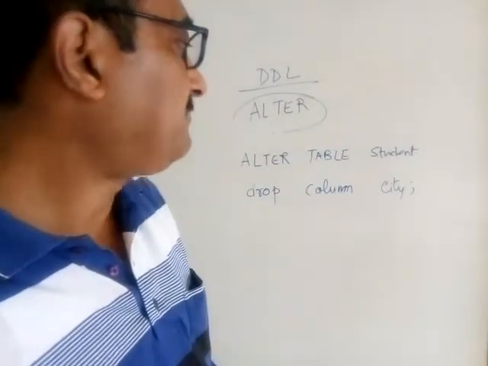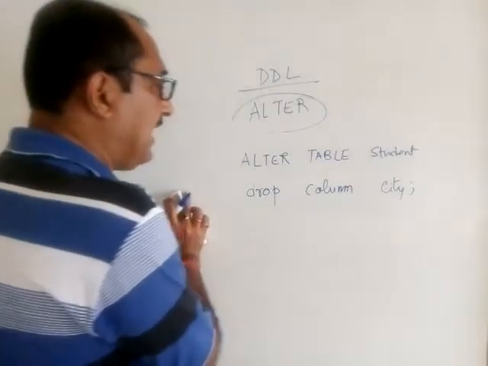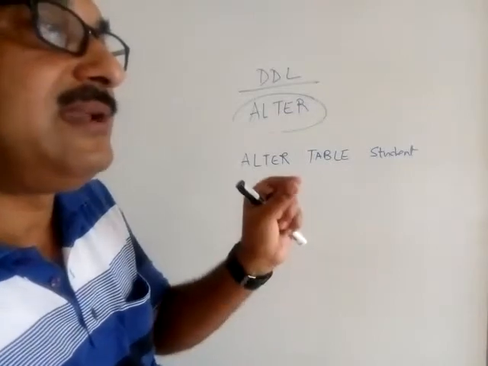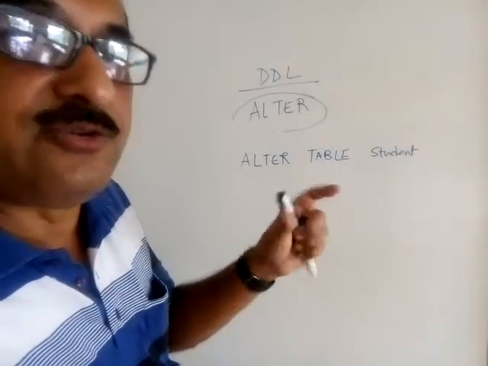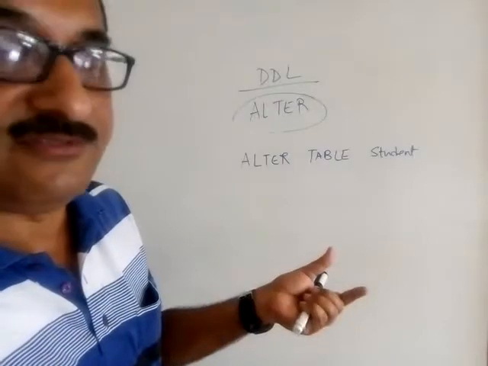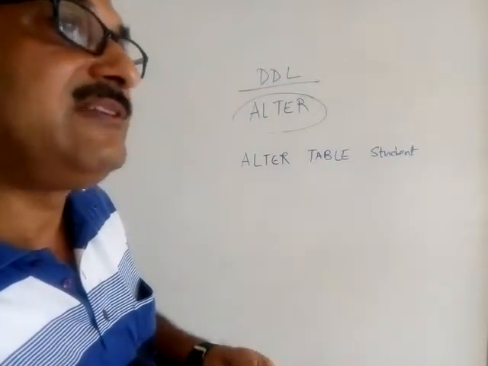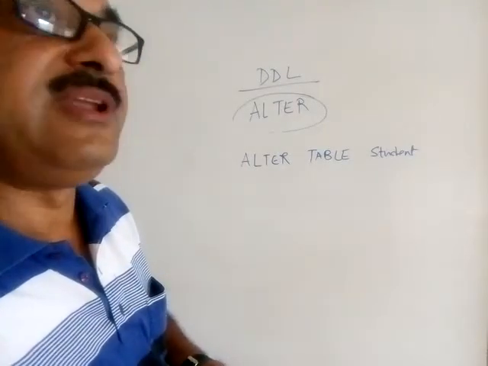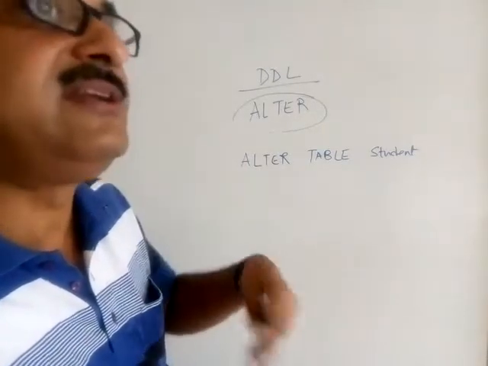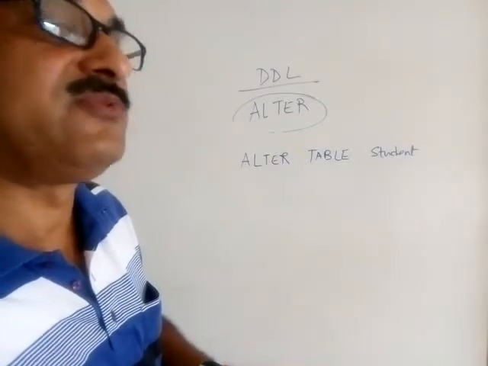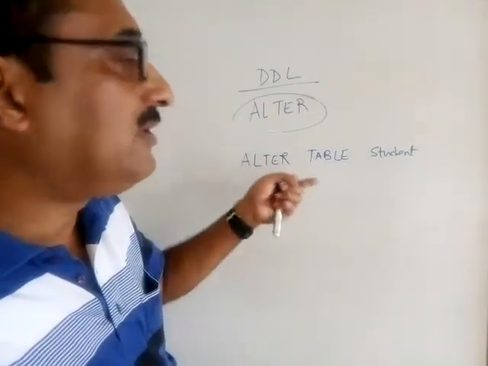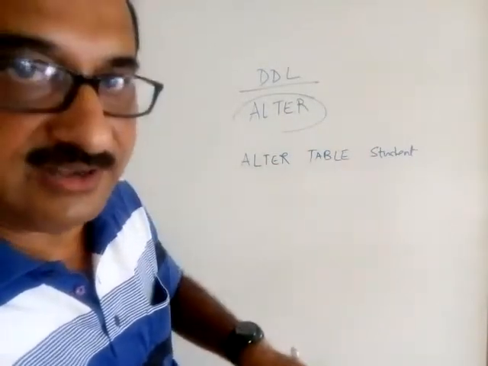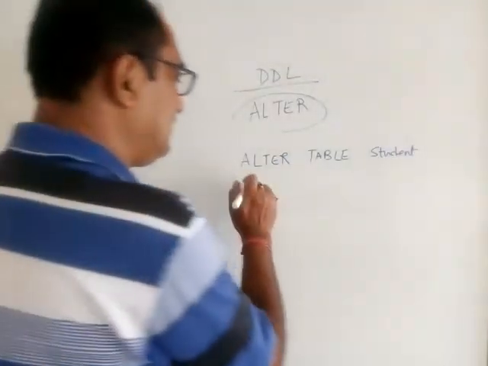Okay? Another thing is, say you realized that earlier the city you declared as char 20, because you thought 20 characters would be good enough. But later, while feeding the values or inserting the values in the table, you realized that 20 characters aren't good enough. I need to increase the size. It should have been 30 characters or 40 characters maybe. So if we want to modify, in this case we are trying to modify the structure of a field. That also can be done, but in that case the modify clause will come.